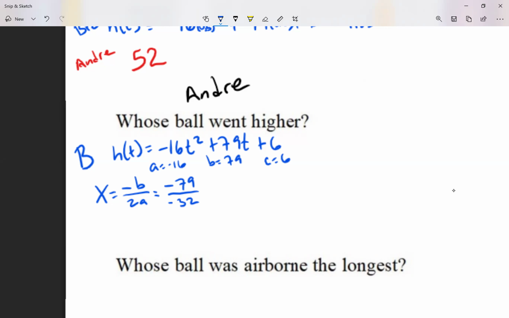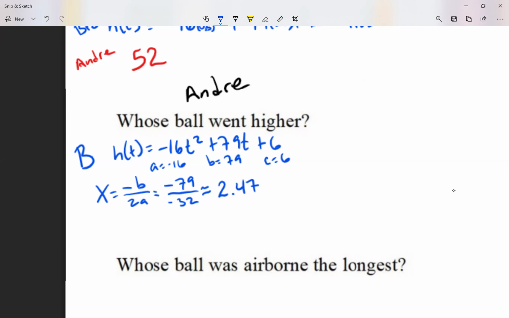Good thing negative divided by negative is positive. 79 divided by 32 gives me a long decimal. I'm going to round it to two decimal places. So in my case, I'm going to say 2.47. Okay, this is the x value.